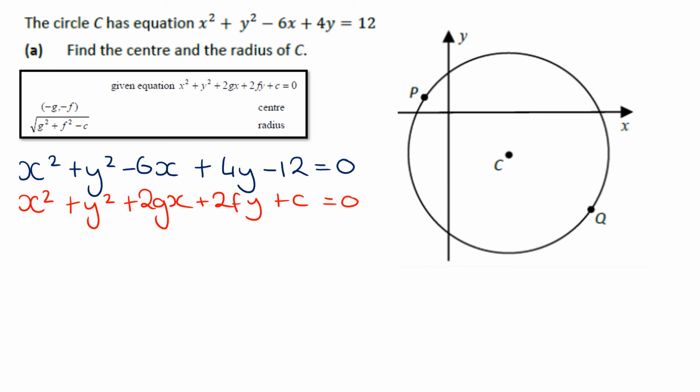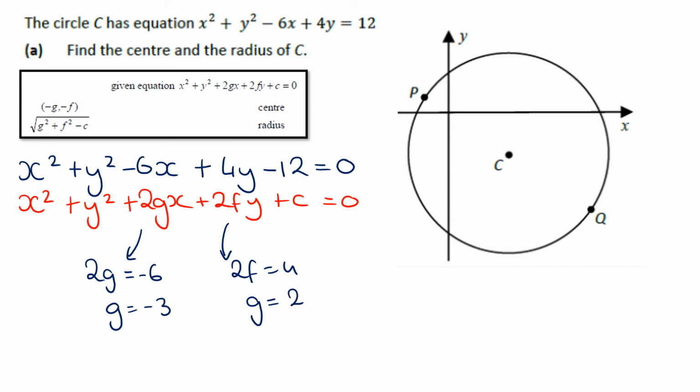I can use that now to find the values of g, f and c. So here 2g is equal to minus 6, so g is equal to minus 3. Here 2f is equal to 4, so f is equal to 2. And here we have c equals negative 12. So we've been asked to find the centre.